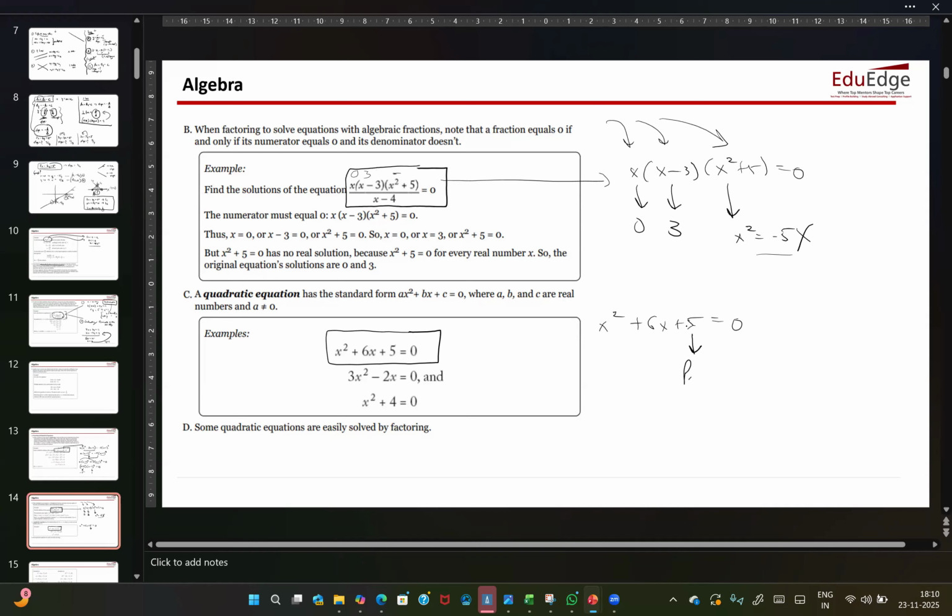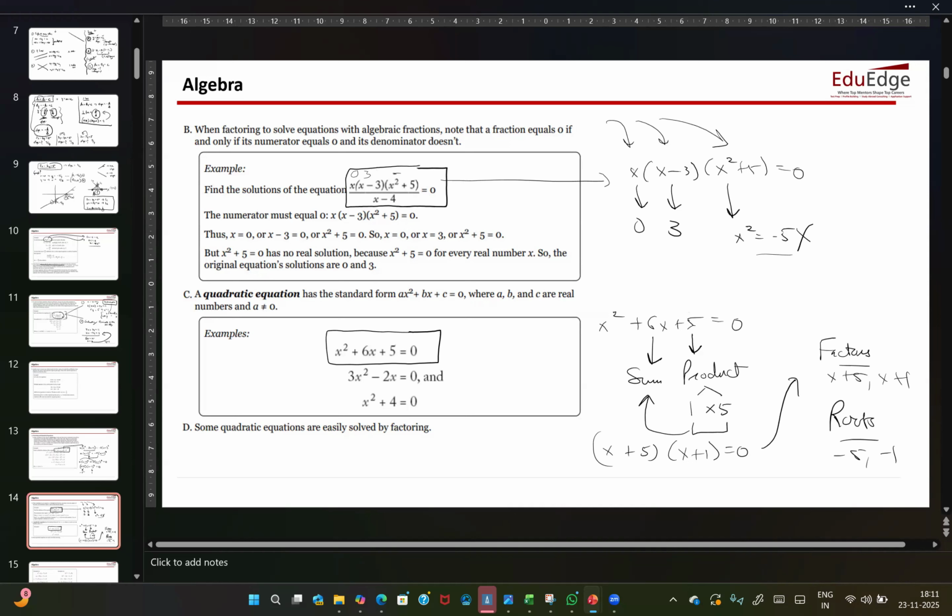We take the constant term as equivalent to the product, and the coefficient of x as equivalent to the sum. So the product can be written as 1 into 5, because the factors 1 and 5 have a sum equal to 6. So can I write this as x plus 5 into x plus 1 is equal to 0? Which means the factors of this equation are x plus 5 and x plus 1, but the roots of this equation are minus 5 and minus 1.